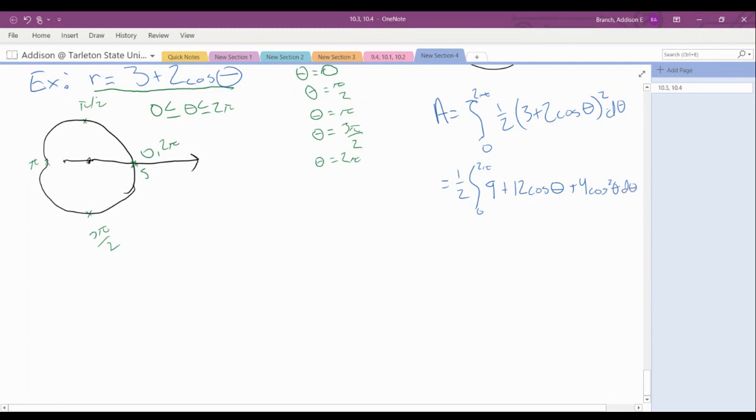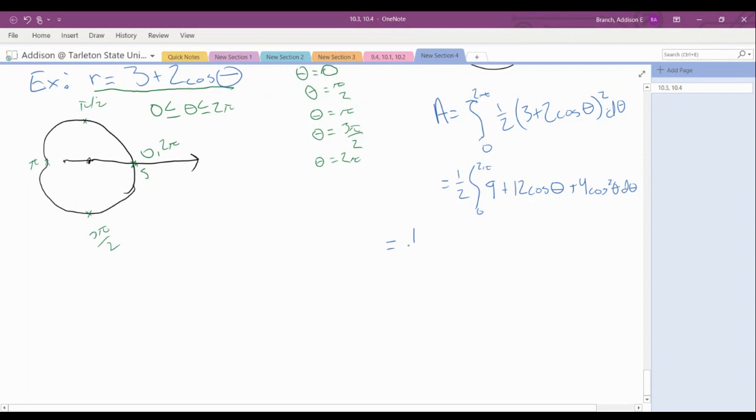All right, so we have this now. It's a little cleaner, but the main issue is that we have that cosine squared of theta there, and we can't really do anything with that since it's not multiplied times a sine or anything. So we're going to have to use our power reduction in order to actually integrate.